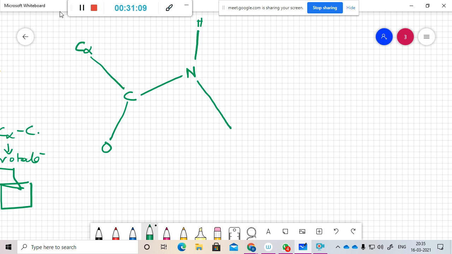The N is attached to another C alpha. This C alpha is attached to a hydrogen here, and it is attached to another hydrogen here. It is attached to another carbon which is attached to an oxygen.